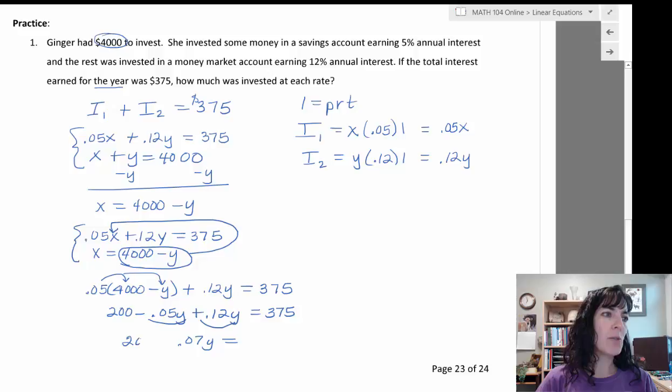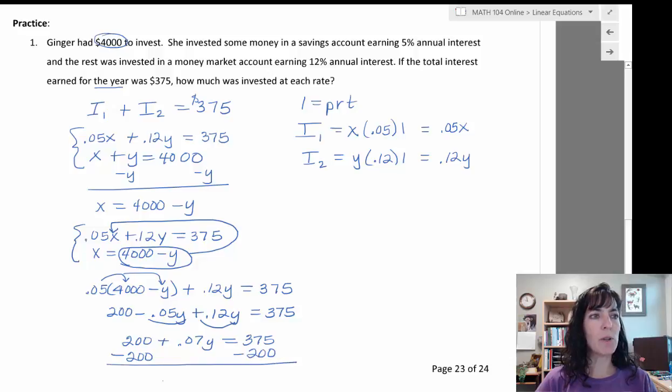And I have a 200 here and a 375 here. I would like to move the 200 to the right hand side so I can combine those terms that are both constants or whole numbers, and I get 0.07y equals 375 minus 200 is 175.